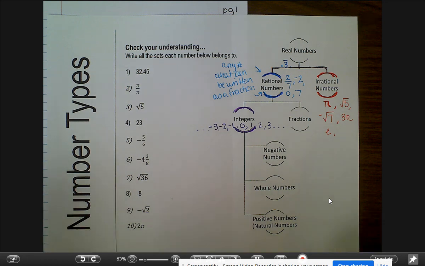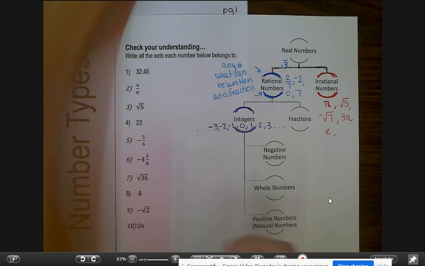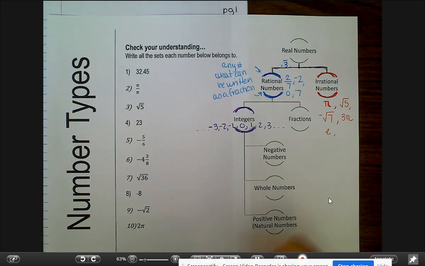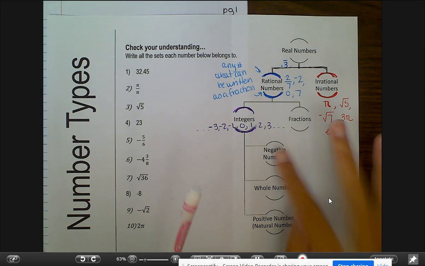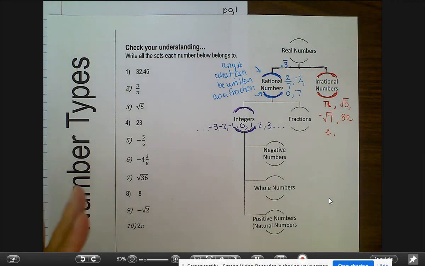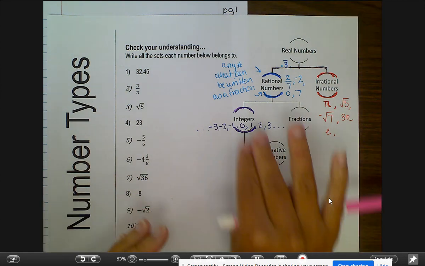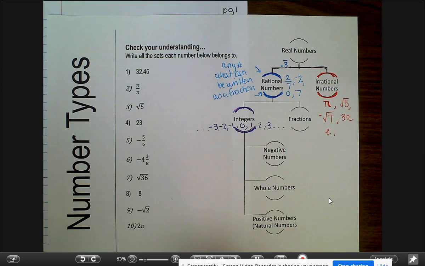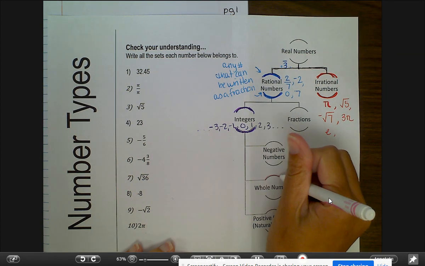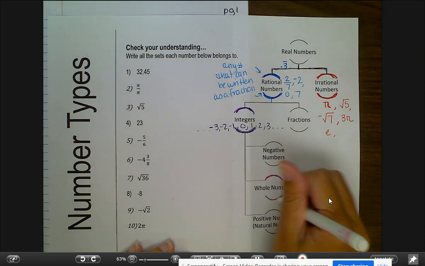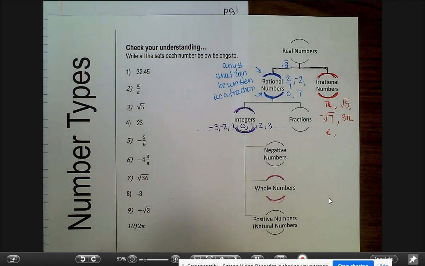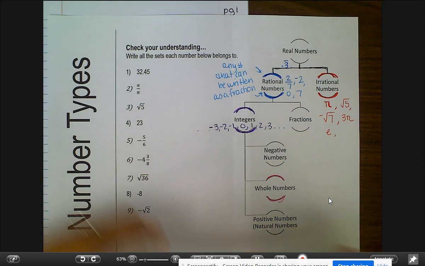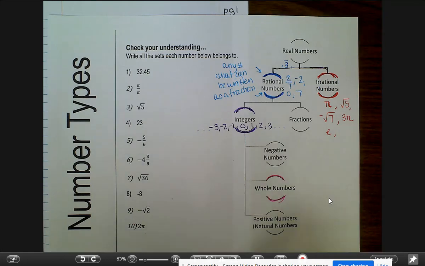Okay. Now, you can simplify that even further because at one point, you didn't know that negative numbers existed. Now, negative numbers on their own don't have a classification. They would just be considered integers, but whole numbers is another classification, and whole numbers are non-negative numbers.